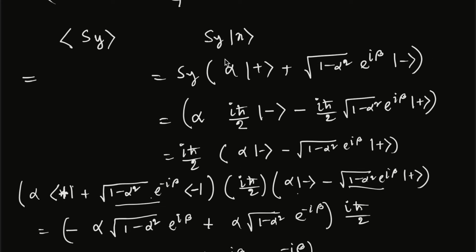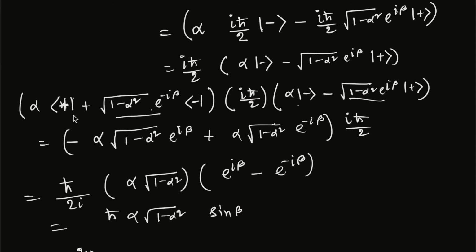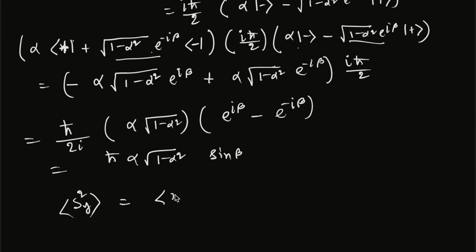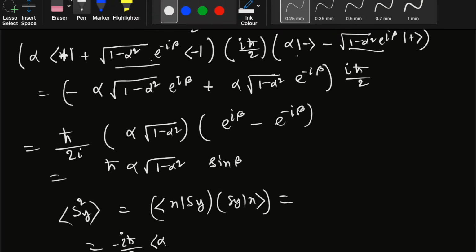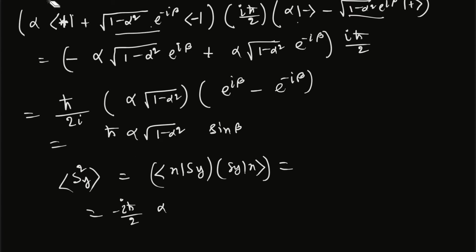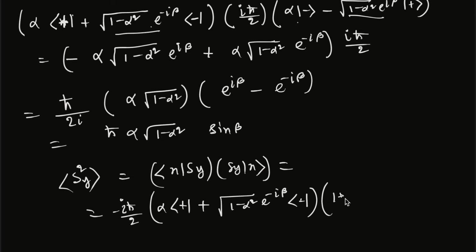Similar to this, this will be this and this will be n sy n, which again will give this and this, that means minus h cut by 2 alpha minus plus root over 1 minus alpha square e to the power minus i beta minus, this is plus, this is minus, plus alpha plus root over 1 minus alpha square e to the power plus i beta minus.